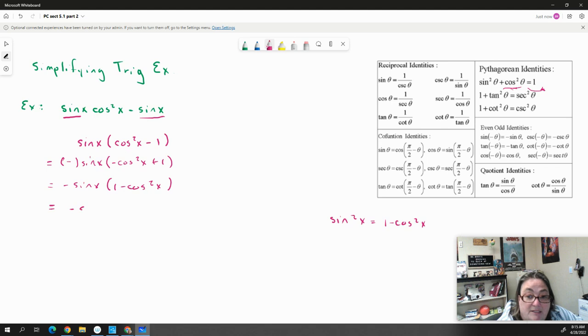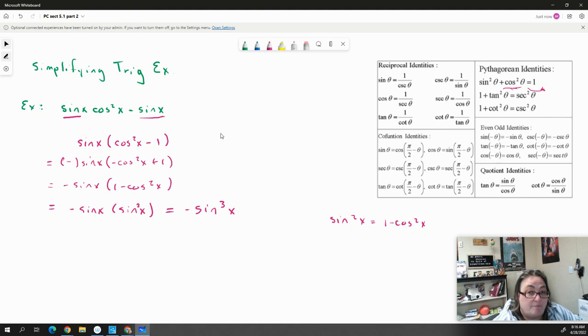So I wind up with minus sine of x times sine squared of x, which is going to equal negative sine cubed of x, right? And we use the Pythagorean identity to find that.